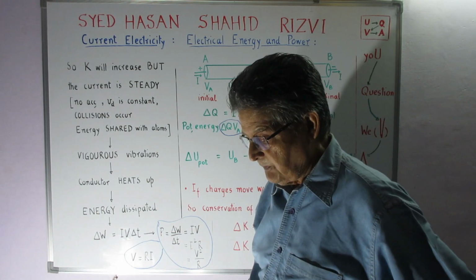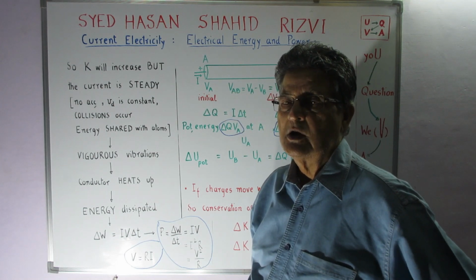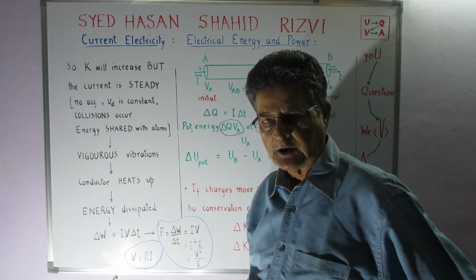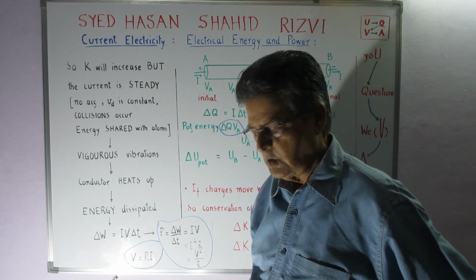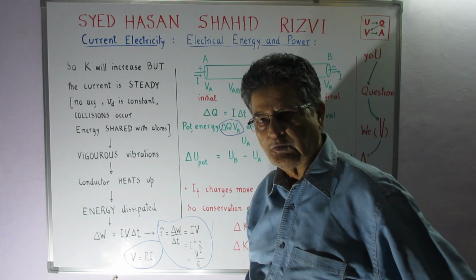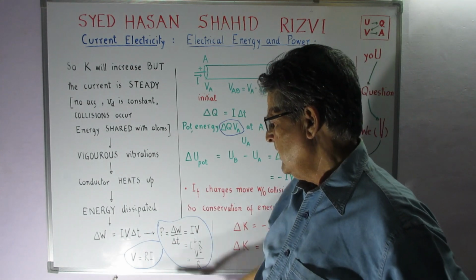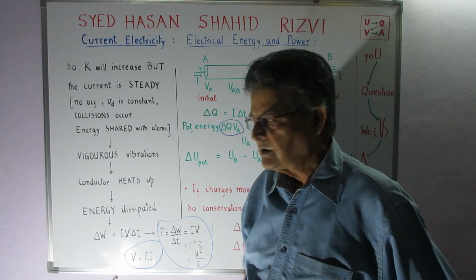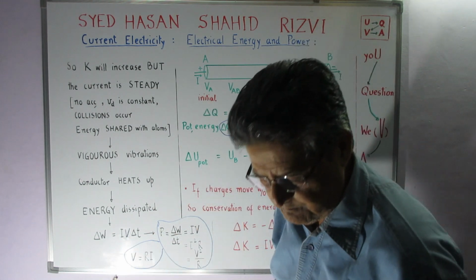But in the case of a cell or a battery, we obtain the energy from the chemical reactions that are taking place within it. So the chemical energy is converted into a useful form of electrical energy, potential difference is generated, and a steady current is guaranteed by doing that. We'll have occasion to talk about that shortly.